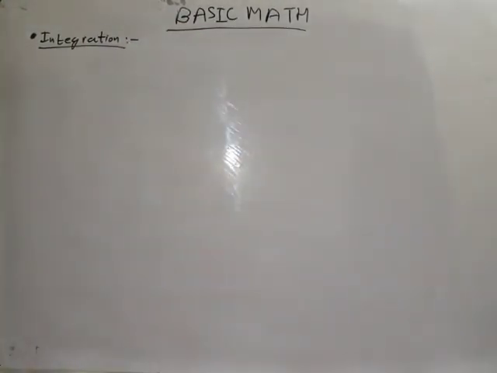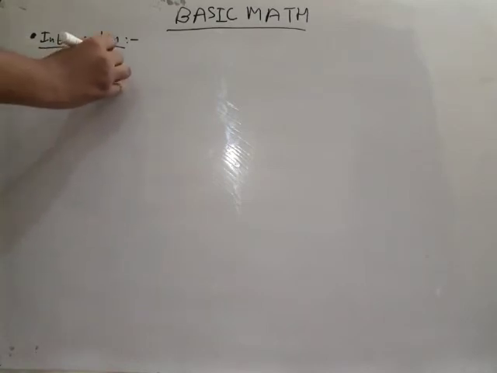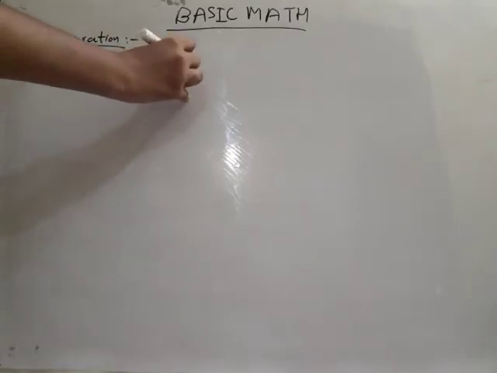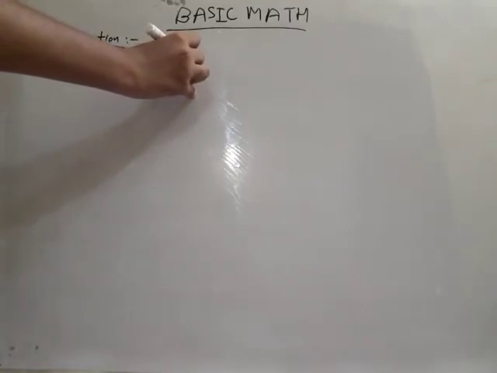Now, let us see how will you integrate certain functions. Suppose you have been given that displacement s is a function of time, that is t cube plus sin t plus cos t.